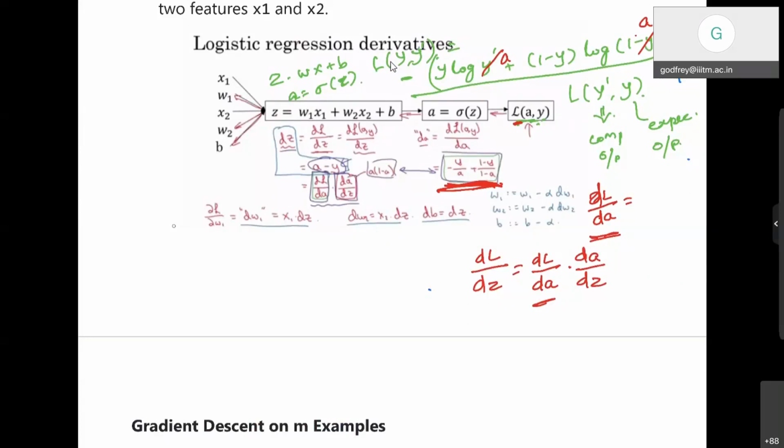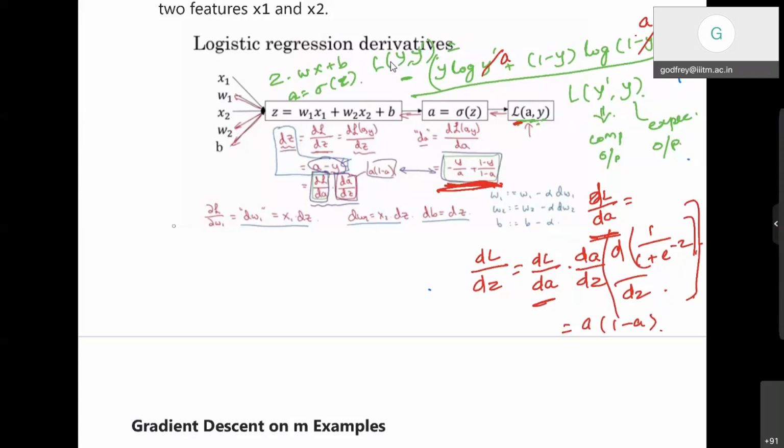What is a? A is equal to 1 divided by 1 plus e power minus z. So you can find out d by dz. What is this value? This will be equal to a into 1 minus a.